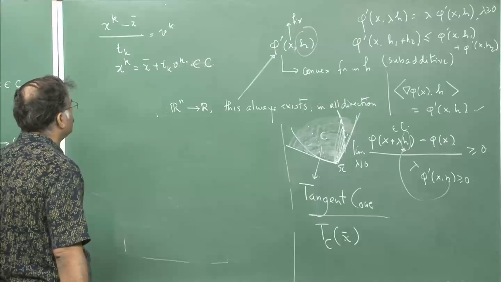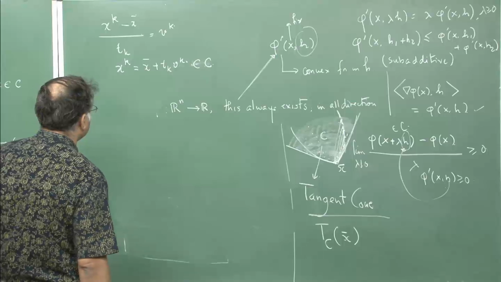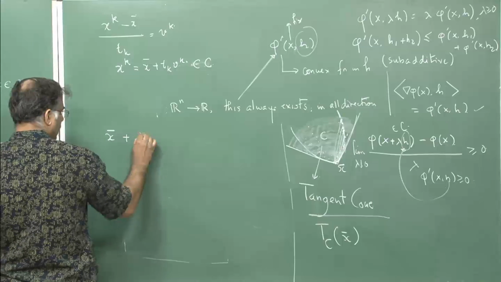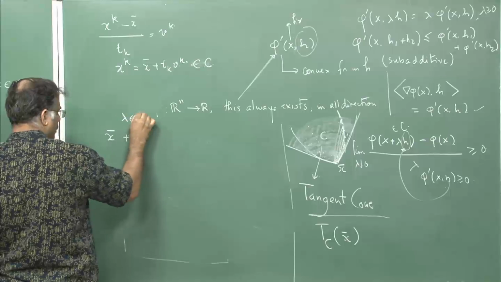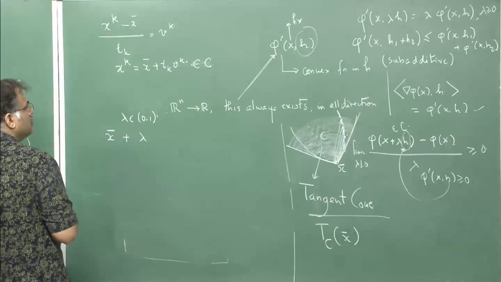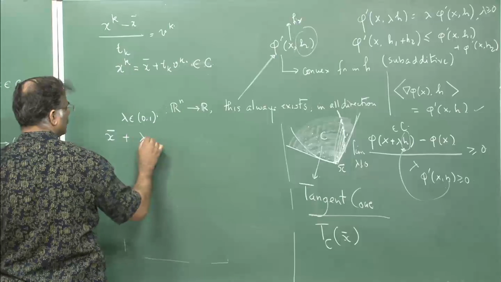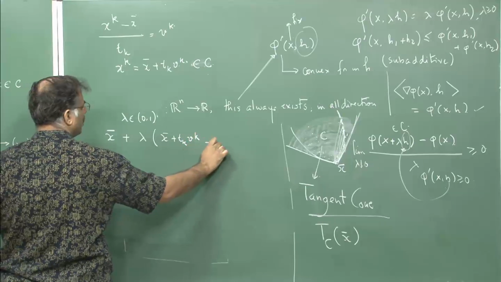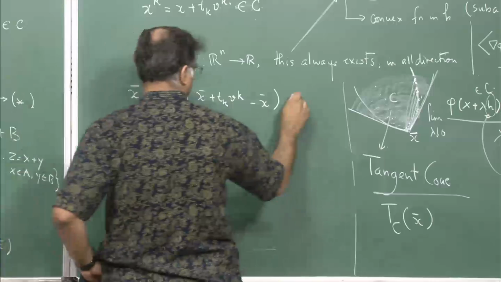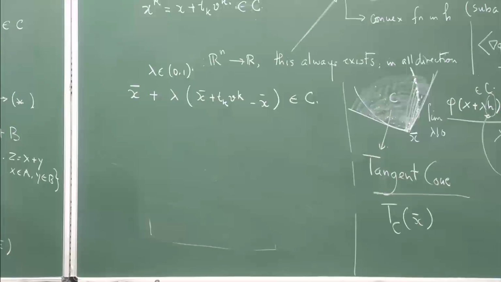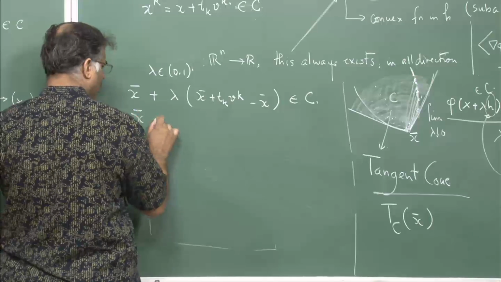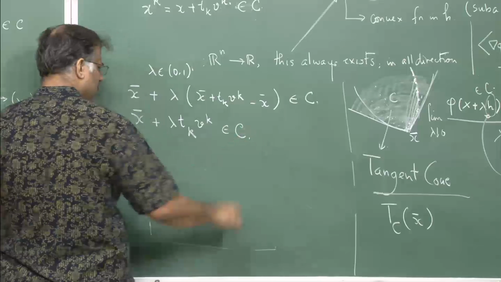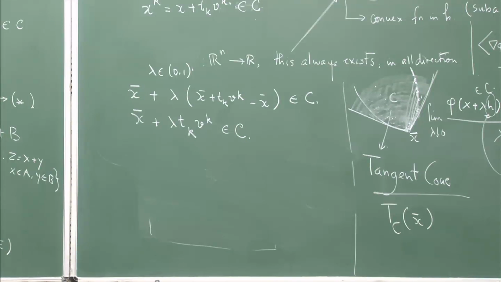Now, since C is a convex set, I can write that for lambda between 0 and 1, the vector x bar plus lambda times (x bar plus tk Vk minus x bar) is also in C. So once you know this, that gives you x bar plus lambda tk Vk is an element of C, right.